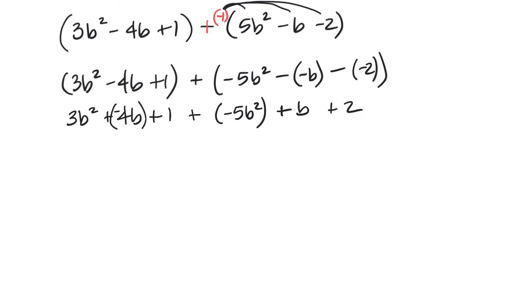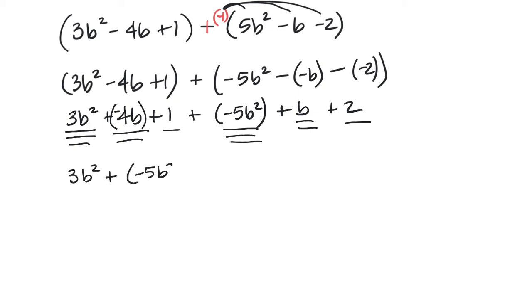So now, let's get all of our like terms together. So this and this are like terms. This one and this one, and then this one and that one. So we'll put all these next to each other using our commutative property. So 3b squared plus negative 5b squared plus negative 4b plus b plus 1 plus 2.